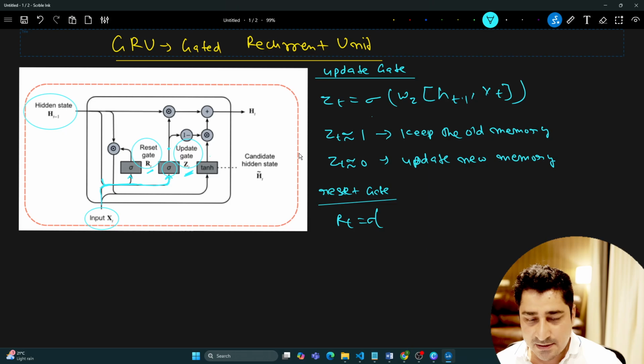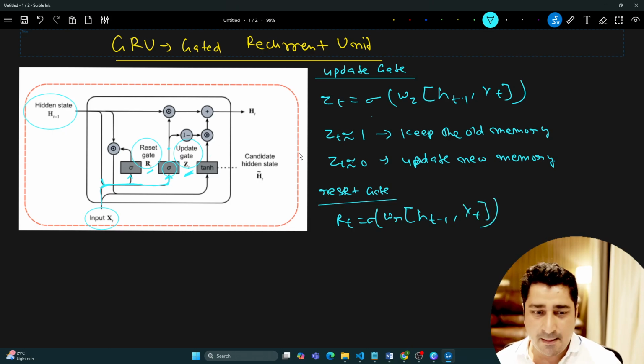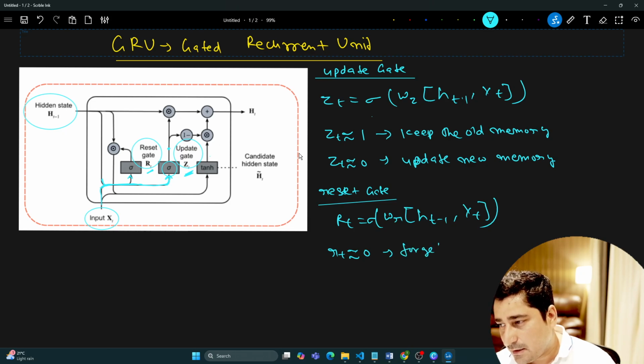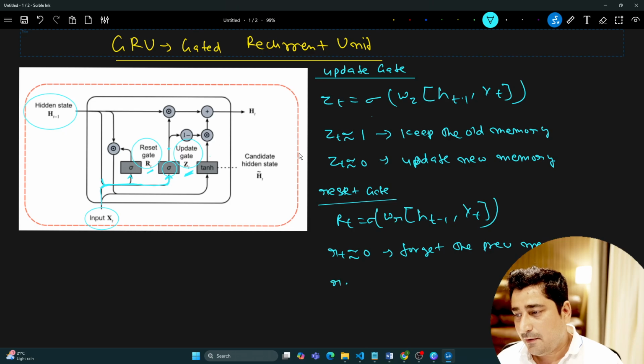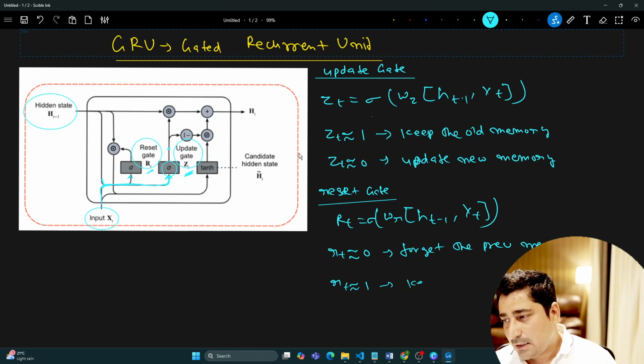It is a sigmoid of the weight of r applied to h t minus 1 and x of t. This is what the reset gate considers. Whenever r t is closer to 0, it decides to forget the previous memory, and whenever r t is closer to 1, it decides to keep the previous information.